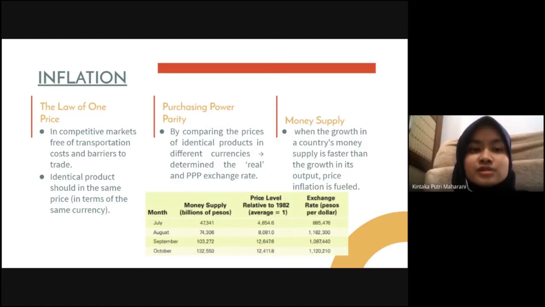But in August, there is an increase in money supply of almost twice the last month, and then the impact is that the price level relative to 1982 is almost twice as high as the last month, and the exchange rate is that the peso faces depreciation against the dollar.